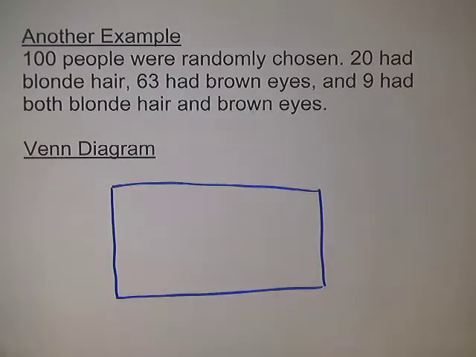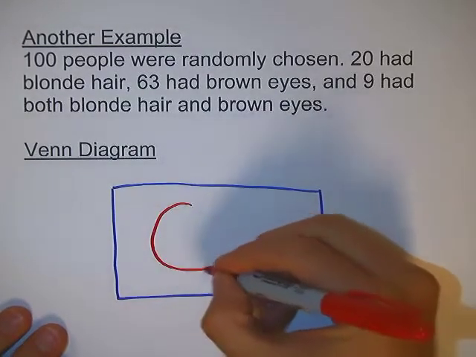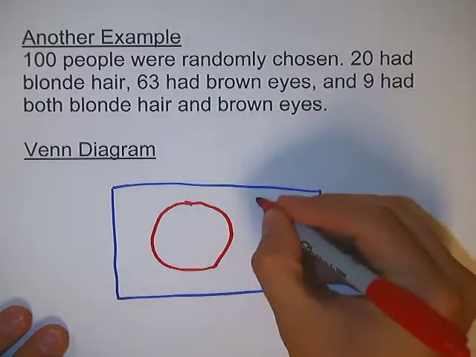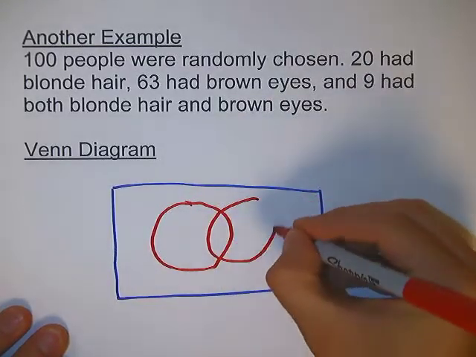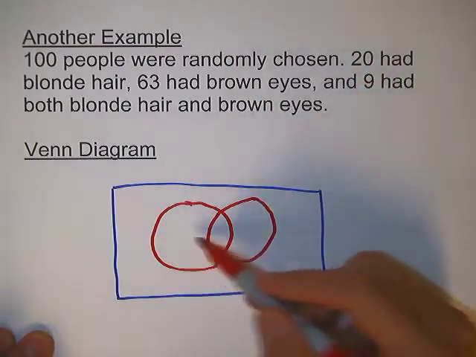I'm going to have one circle represent those with blonde hair, one circle represent those with brown eyes. I am going to overlap them because there were some that were included in both of these two sets.